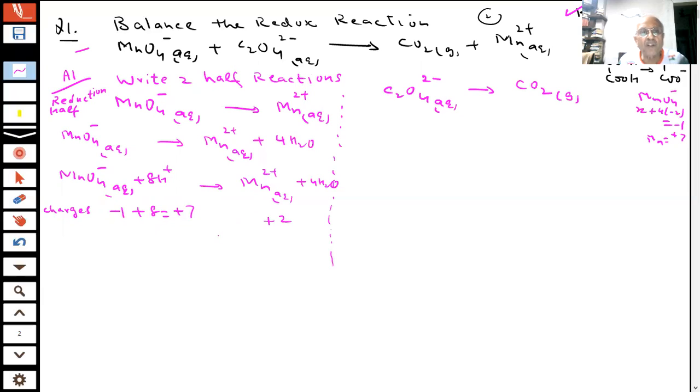So the left side is deficient in electrons, and you have to add 5 electrons to the left side.